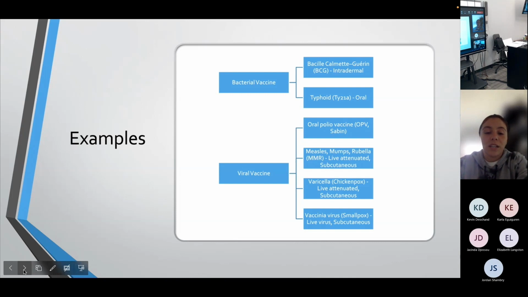And just as we learned in class, cowpox actually helped to create the vaccine for smallpox. Somewhere around the 1800s, when smallpox was an epidemic, cowpox was happening in England among a lot of milkmaids who were working with cows, and they had little pox on their hands that looked just like smallpox. These pox were filled with fluid or pus.